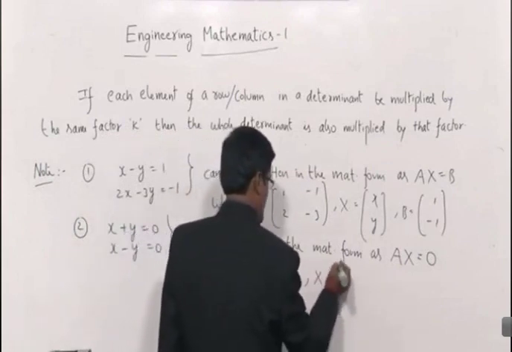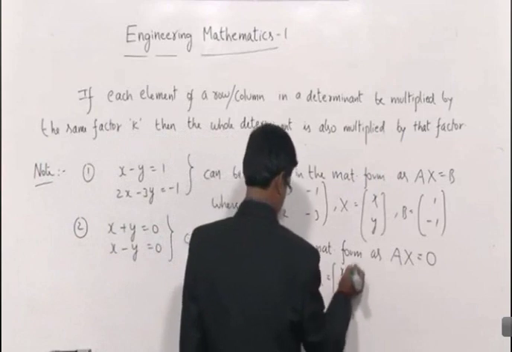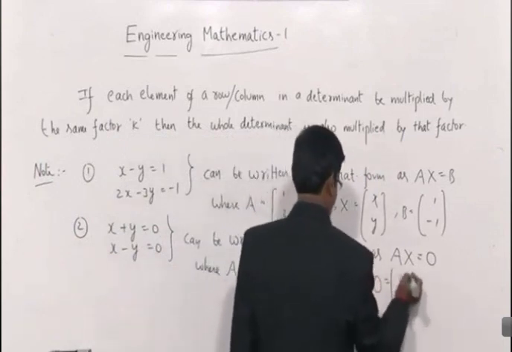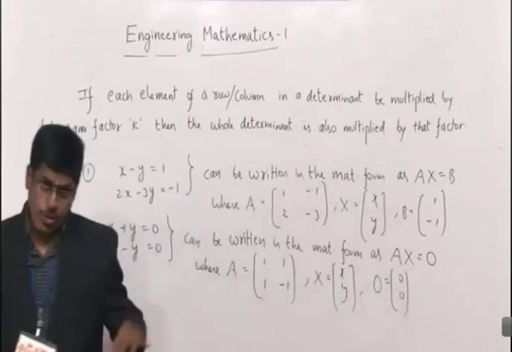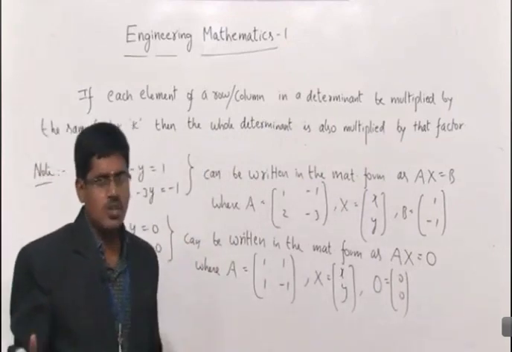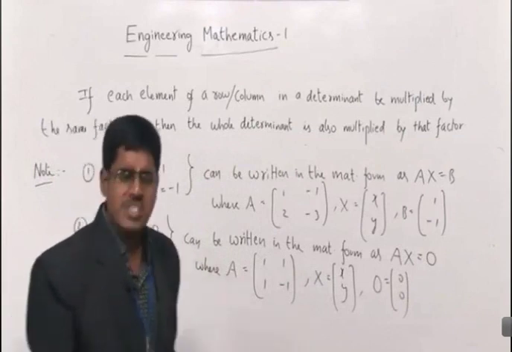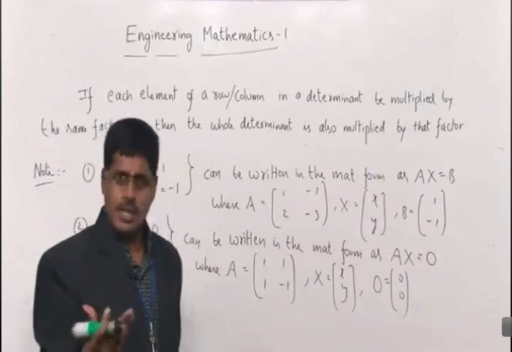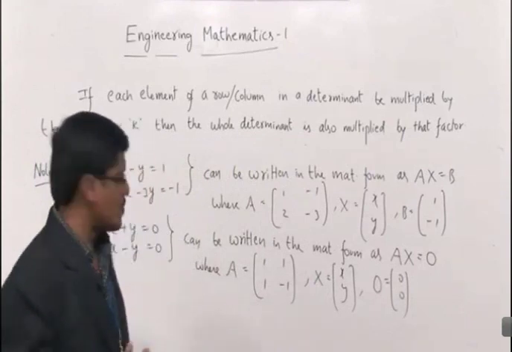X is a column matrix containing all variables. O is a column matrix containing zeros. This is true for any number of equations with unknowns: fewer equations, more unknowns; number of equations equal to number of unknowns in some problems; more equations, fewer unknowns. There are three types of problem solving before solving these problems.